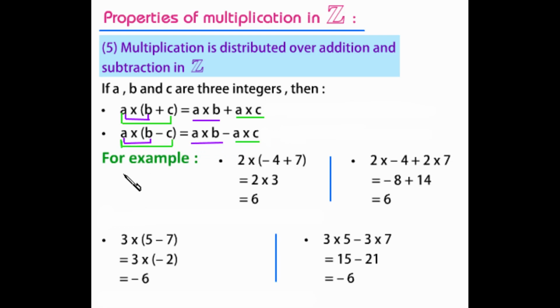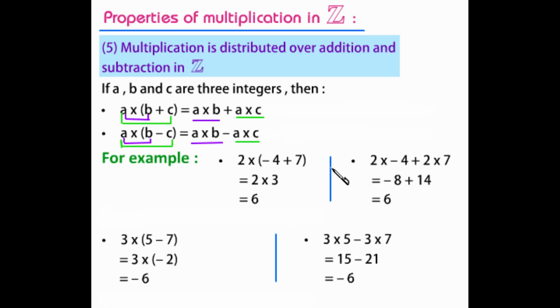For example, 2 times (negative 4 plus 7). The first method, write 2 and find negative 4 plus 7. Negative 4 plus 7 equals 3. 2 times 3 equals 6.